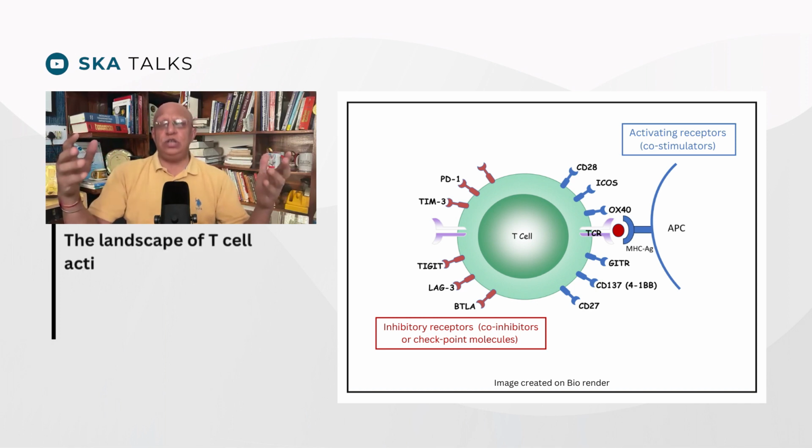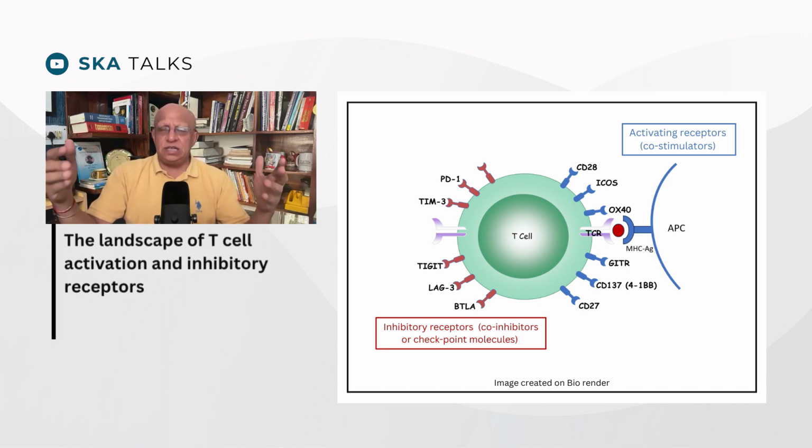Now let us look at another situation, that is also related to antigen presentation and the necessity of co-stimulatory molecules. In this situation, when the co-stimulatory molecules are actually expressed but the T cell cannot be activated, it is because there are certain other molecules expressed by the T cell which can suppress T cell activation.